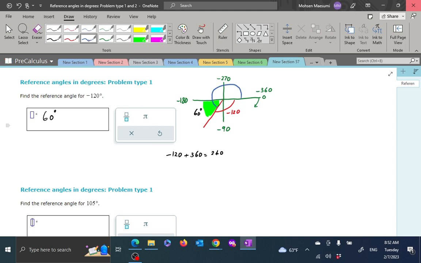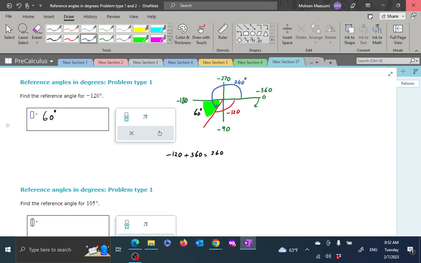Negative meant I'm going down here in the clockwise direction, minus 120, and I end up here. What if somebody wants to go counterclockwise and arrive at the same location? Well, he has to go through 240. How do I get to 240? I add 360s to it until it becomes a positive number. Then that's the angle I want to go.